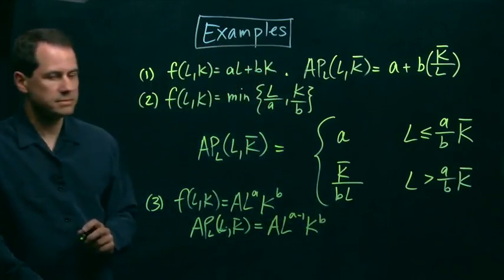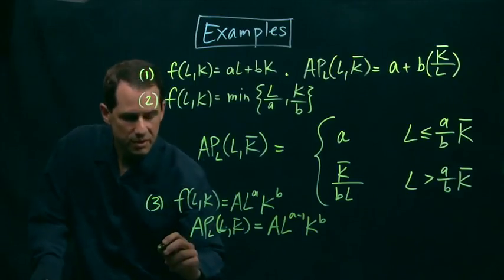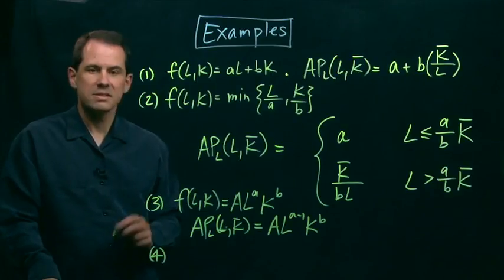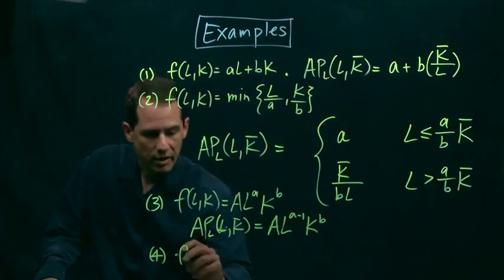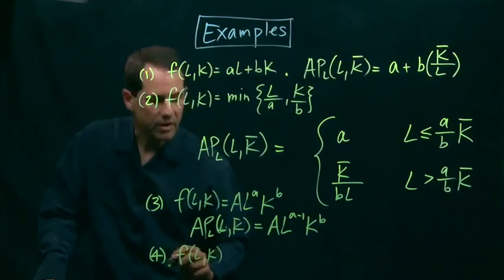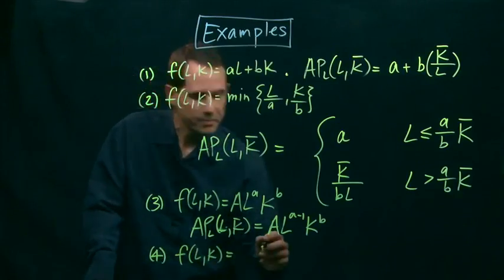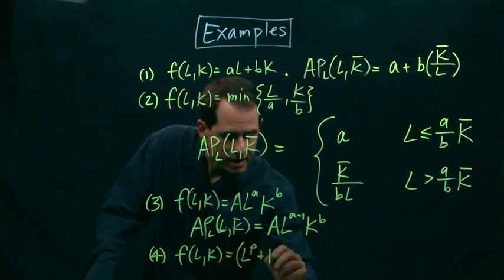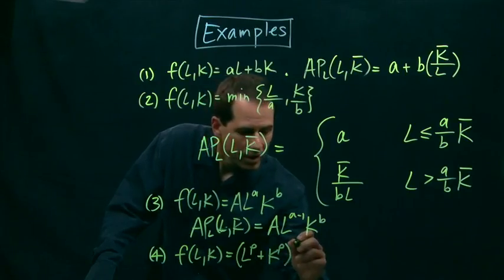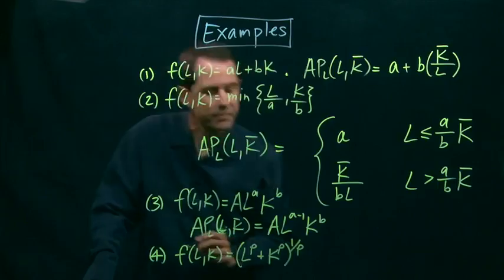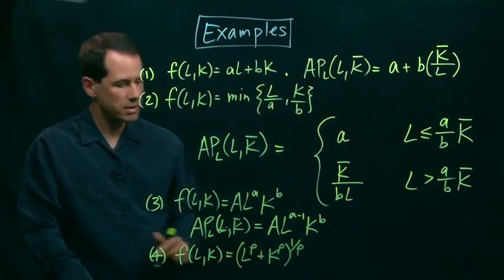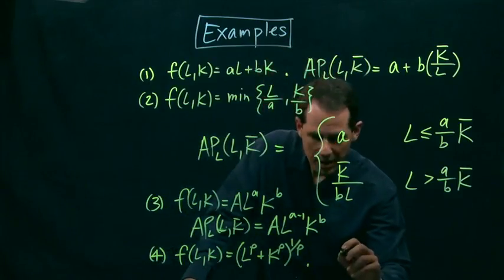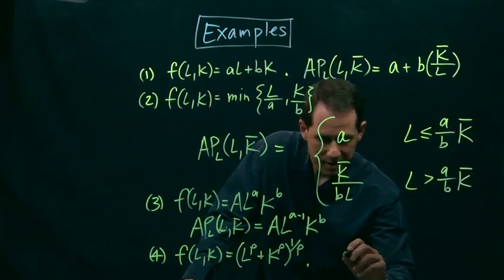All right, and then the last production function of the standard form that we look at is the CES production function, where F of L, K equals L to the rho power plus K to the rho power, all of that to the 1 over rho power. Okay, now here, again, we're just dividing this by L for a particular amount of capital held fixed at K bar.